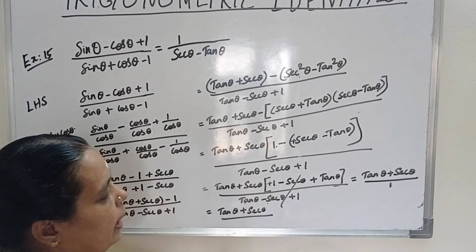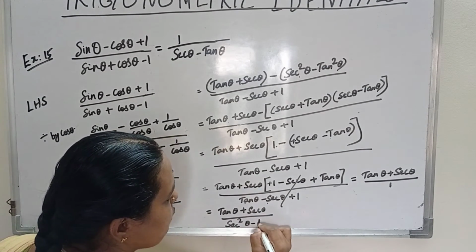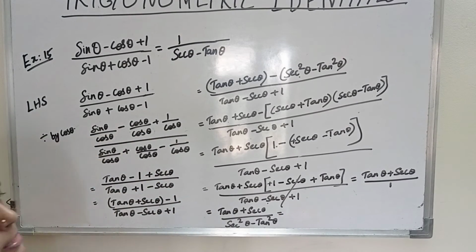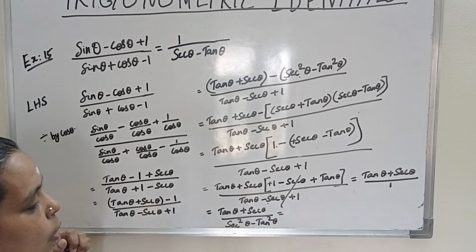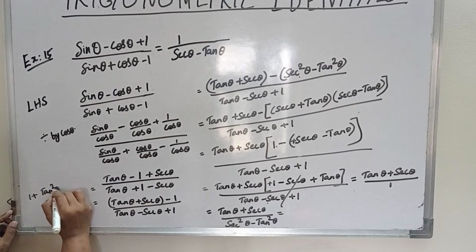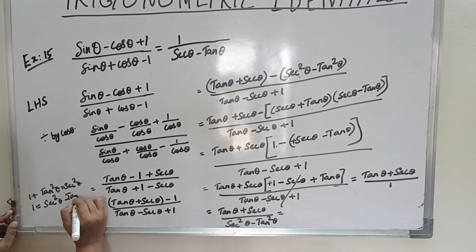So, instead of 1, we are writing it as secant square theta minus tan square theta, because 1 plus tan square theta is equal to secant square theta. So, bringing tan square to the other side, 1 is equal to secant square theta minus tan square theta.